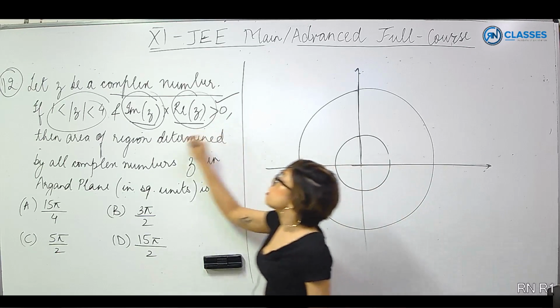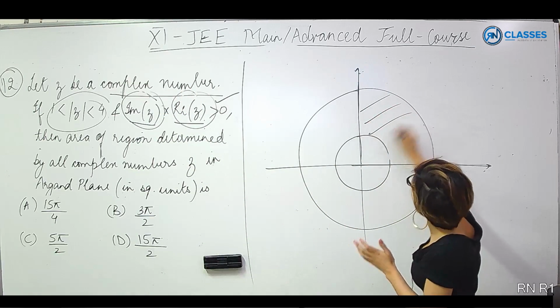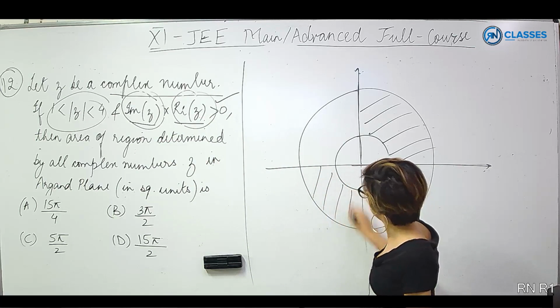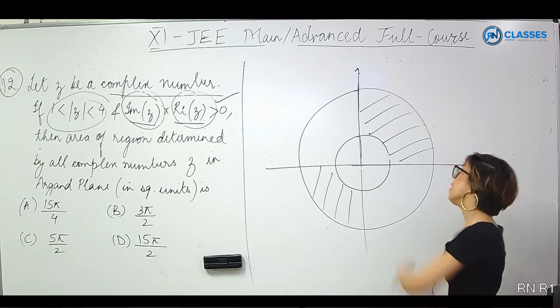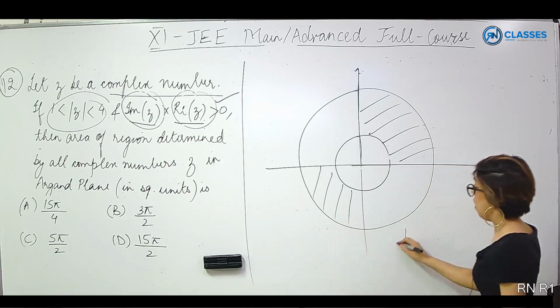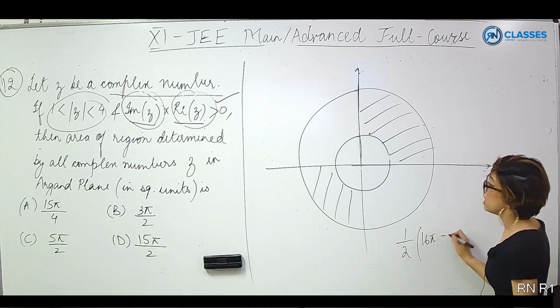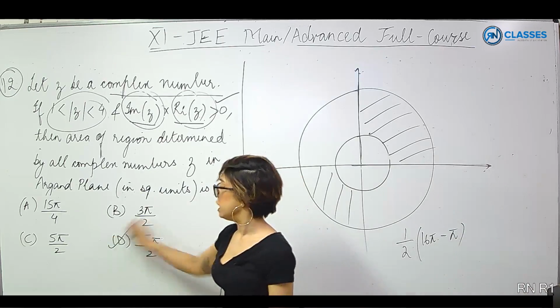This should be positive. So either both of them are positive, that means this region, or both of them are negative, so that means this region. I want to find the area of this. This is nothing but half the area of the ring. Half the area of the ring is pi into 4 square, so 16 pi, minus pi into 1 square, so pi. That is why the answer is D.